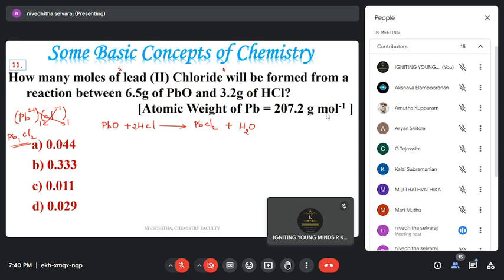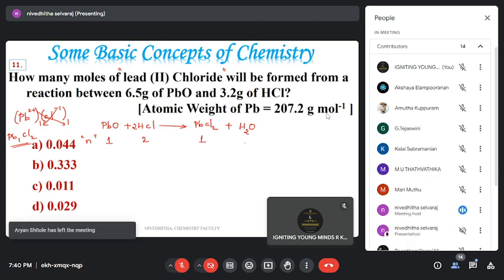So from the balanced equation, we have to come up with the inference. Inference has to be in terms of number of moles, right? So what is the inference? 1 mole of lead oxide is reacting with 2 moles of HCl to give 1 mole of lead chloride and 1 mole of water. Basically, the quantity of hydrochloric acid required is twice the quantity of lead oxide, right?